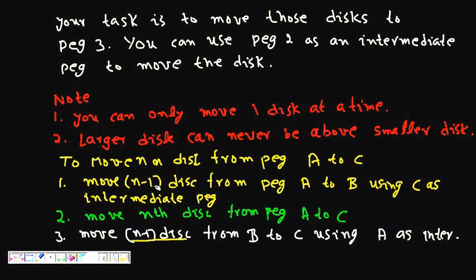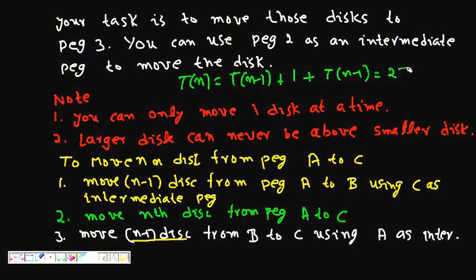So T(n) now consists of 3 steps. First step is move n minus 1 disks from peg A to peg B using C as auxiliary, so it will be equal to T(n-1), plus moving the nth disk from A to C, so 1, plus moving n minus 1 disks from B to C using A, so it is T(n-1).